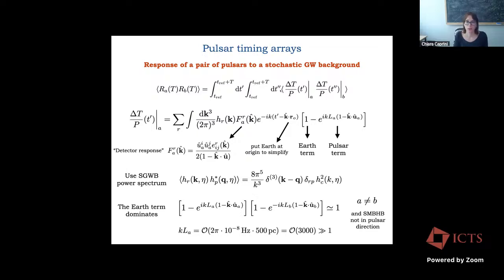And so now you have this cross correlation that acts on the gravitational wave amplitude. Okay, and therefore you can use the expression for a power spectrum of gravitational waves. Here I wrote it with eta, but in reality, the time is already here.